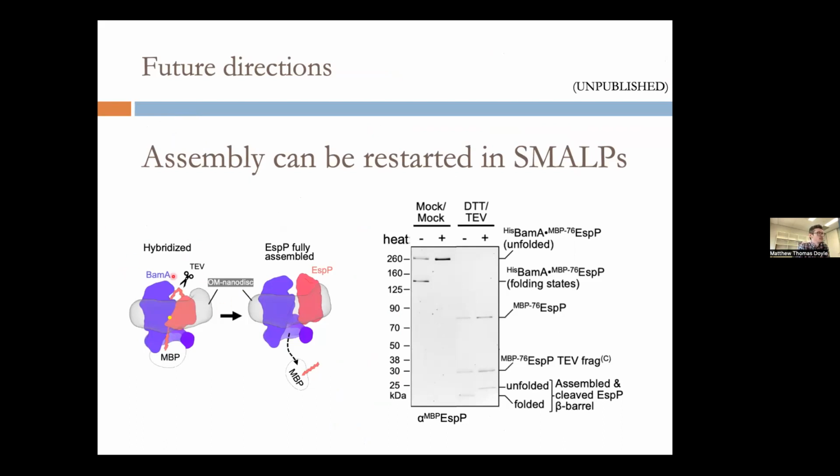So this is the SMALP discs, and you can cut that knot off, and then you can get barrel folding in those discs. You can see that data here, going from here to totally folded barrels. The crux of this is that perhaps this allows us to do time-resolved cryo-EM to parse out those intermediates more finely, but also to use it as a way of further investigating new antibiotics that target BAM.